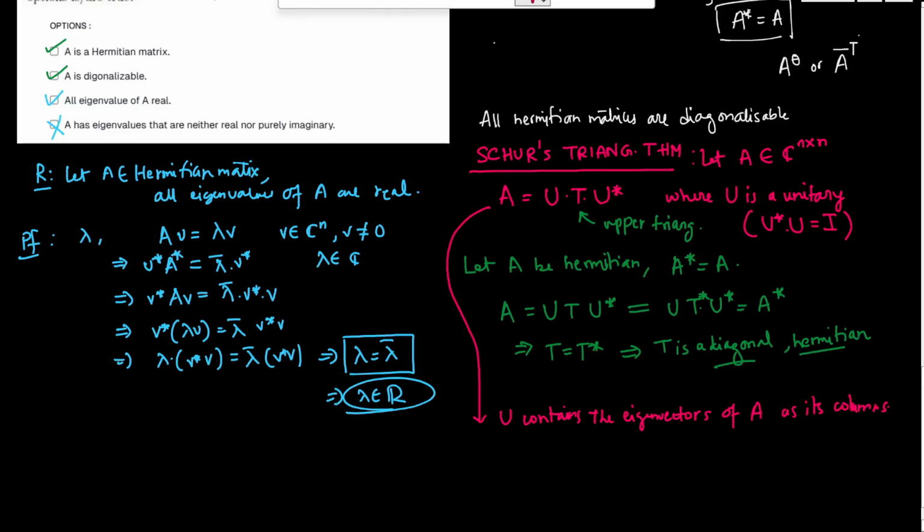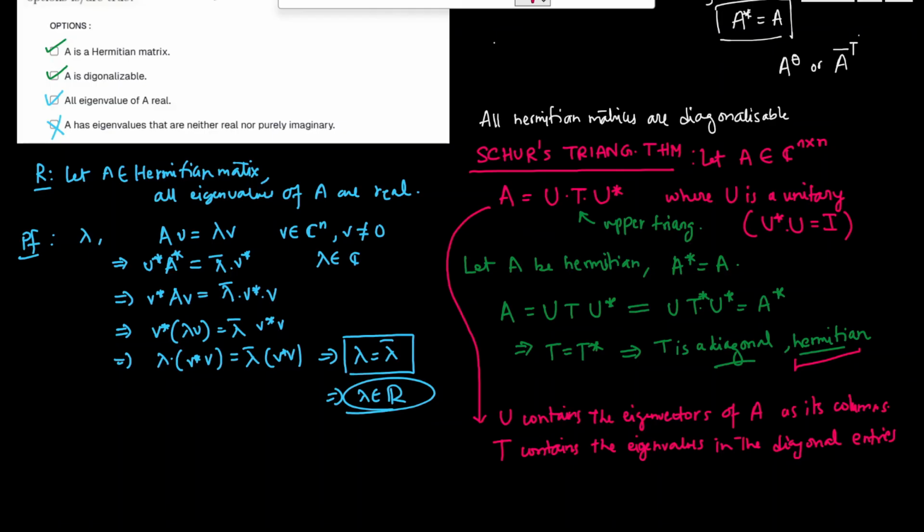And T contains the eigenvalues in the diagonal entries, right? In the diagonal entries. Now this is the general case, right? Now we already showed that T is also diagonal and Hermitian, which means the diagonal entries of T are also real. Now that is another way to see that all eigenvalues are real.